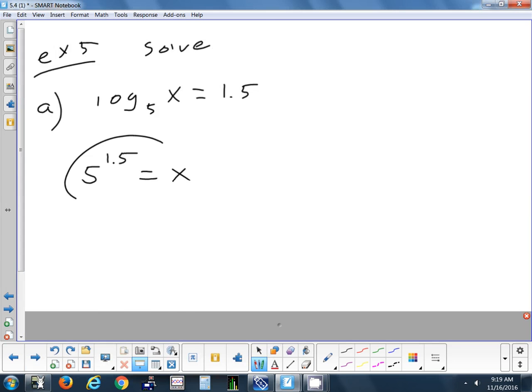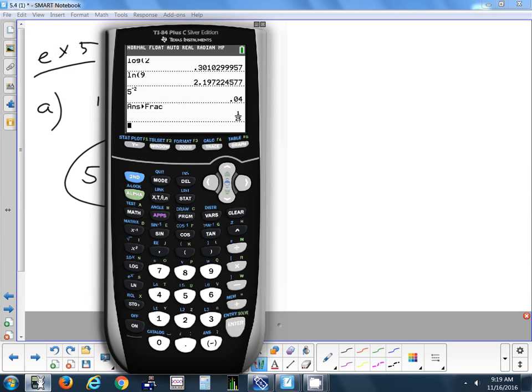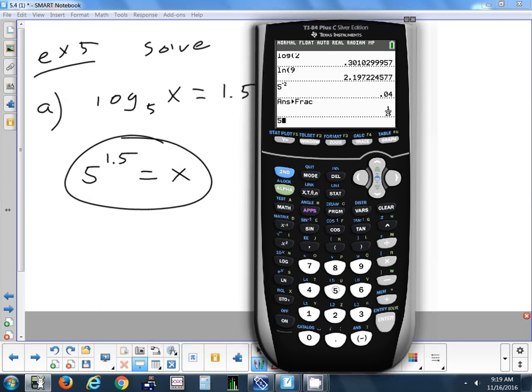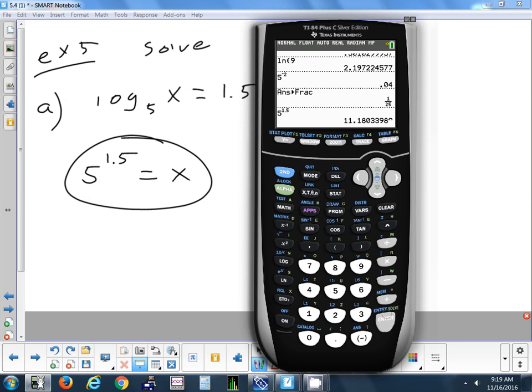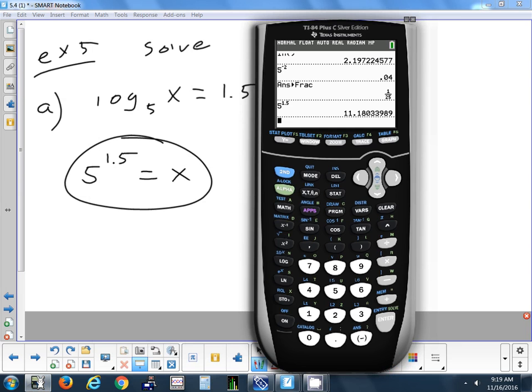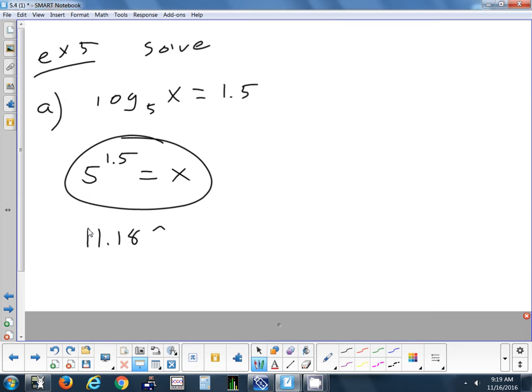There's your answer. Now, if they want the decimal, you can just type that in. 5 raised to the 1.5 is about 11.18. So very easy just by changing it into exponential form to get that answer. Now, you don't have a way to check that, because at this point you don't know how to type a base 5 into the calculator. So just do your arithmetic carefully, and then you'll be okay.